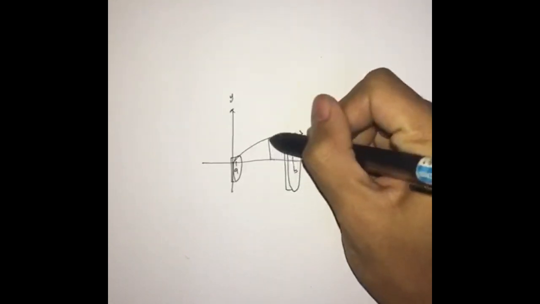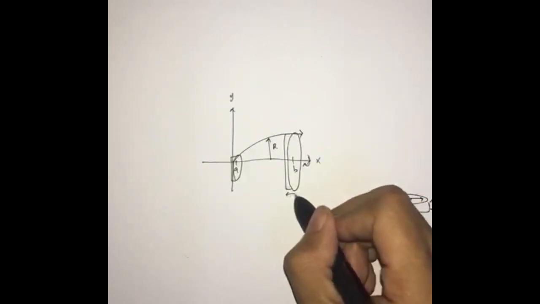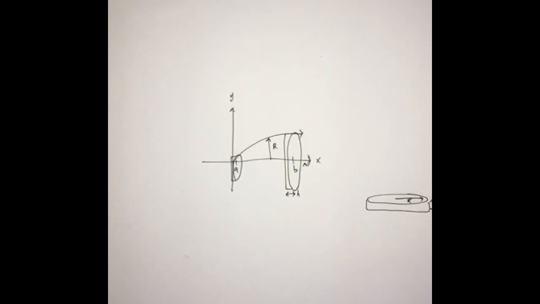So right here would be the radius. So right here will be the radius. Here will be the height, and here will be the height.